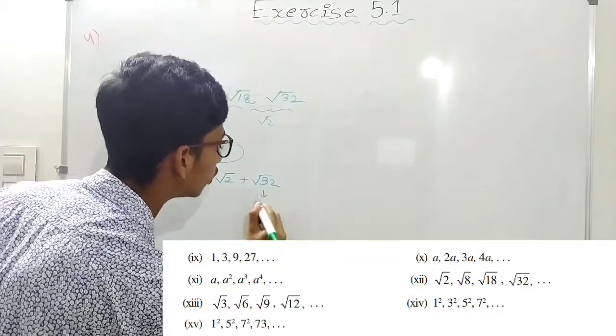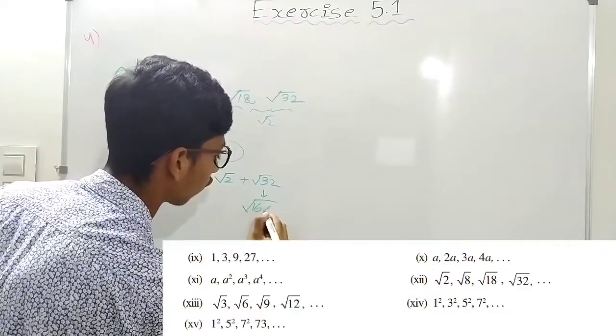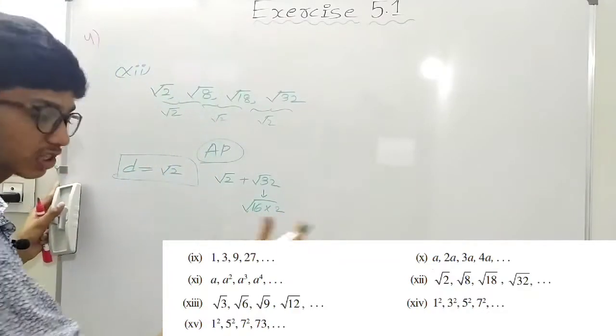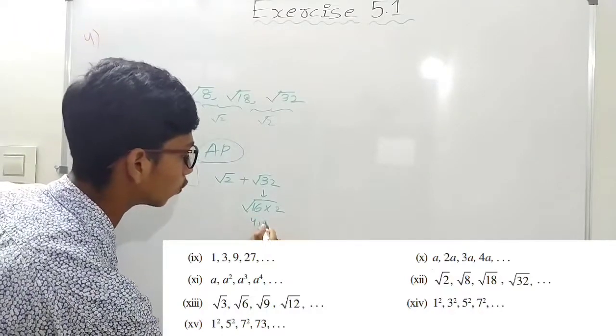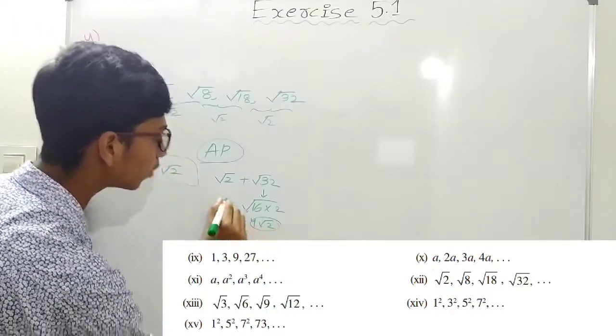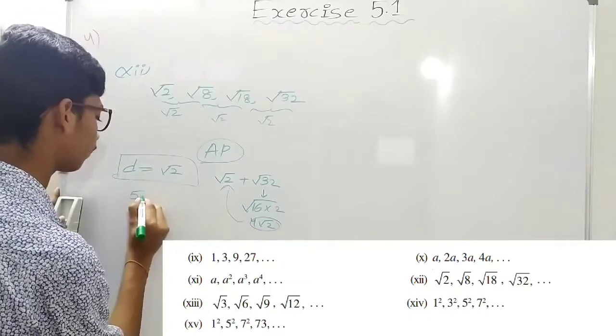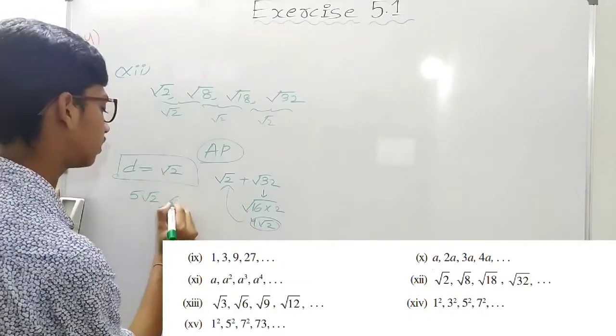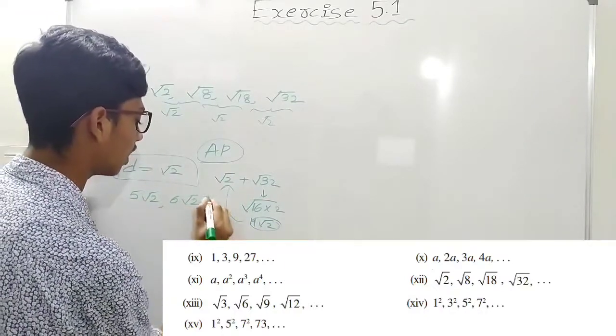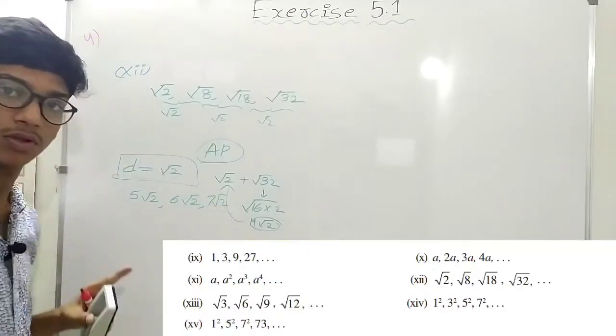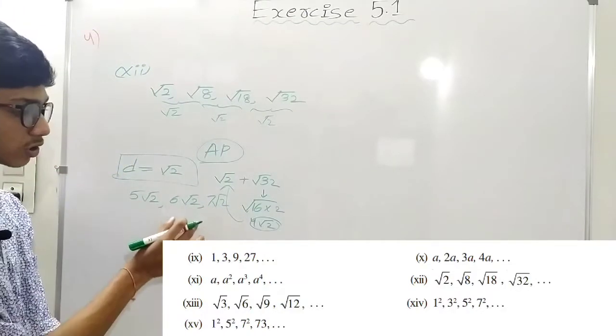Root 32 can be written in the form of root 16 into root 2, that is 4 root 2. 4 root 2 plus root 2 is 5 root 2. The next value will be 6 root 2 and the next value will be 7 root 2. Okay, 5 root 2, 6 root 2, 7 root 2.